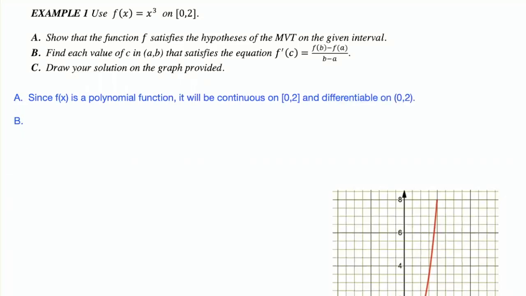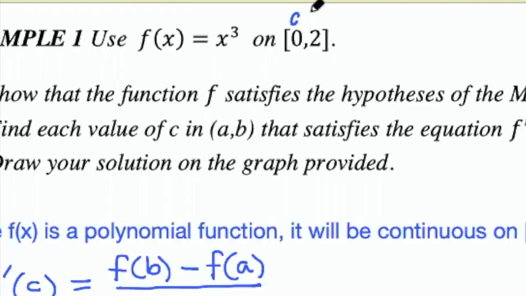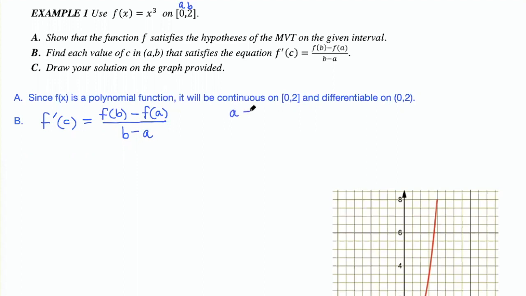All right, for part B, we need to do the actual math of working with this formula. So I'm going to begin by writing out my formula, and you're going to get to work on the right-hand side. We know our A and B because they were given to us. So I know A equals 0, B equals 2. I now need to find f of A, in other words f of 0, and f of B, which is f of 2.